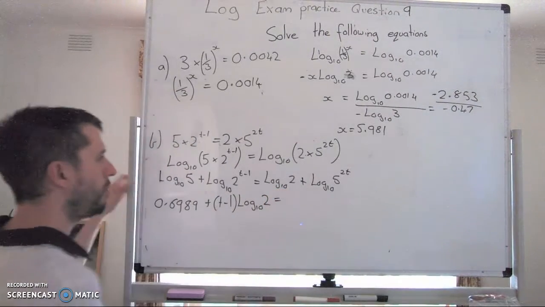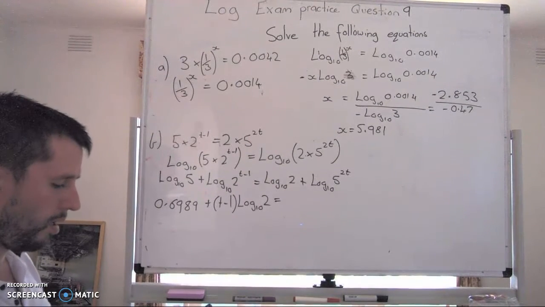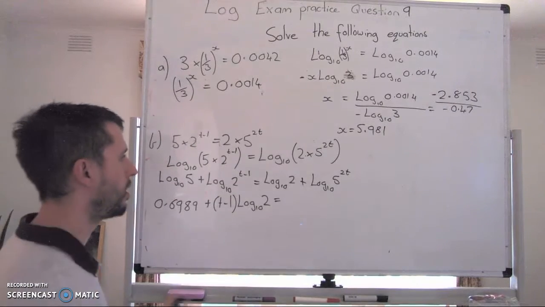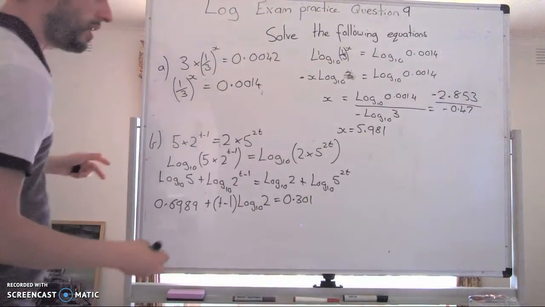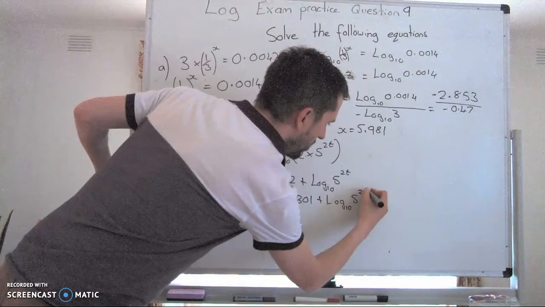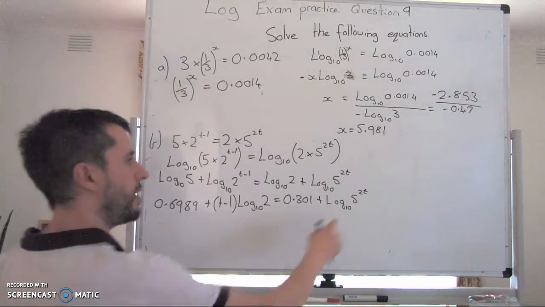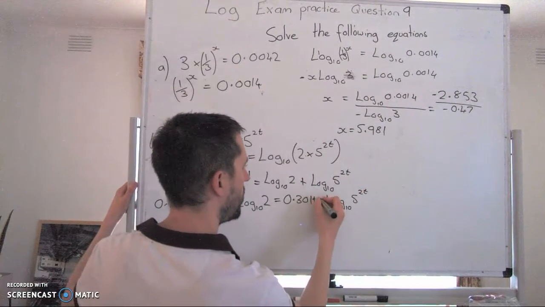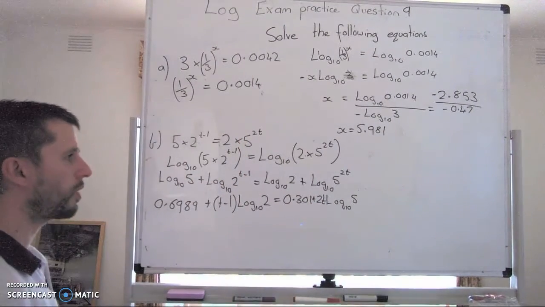Then I've got equal to, well, log 10 of 2, I'm just going to do now. So log 10 of 2 is 0.301. Then I've got plus log base of 10, 5 to the power of 2t. So I'm going to get rid of this 2t and put it out the front of my log. So 2t can go down here, and now I'm starting to make it look a bit easier.